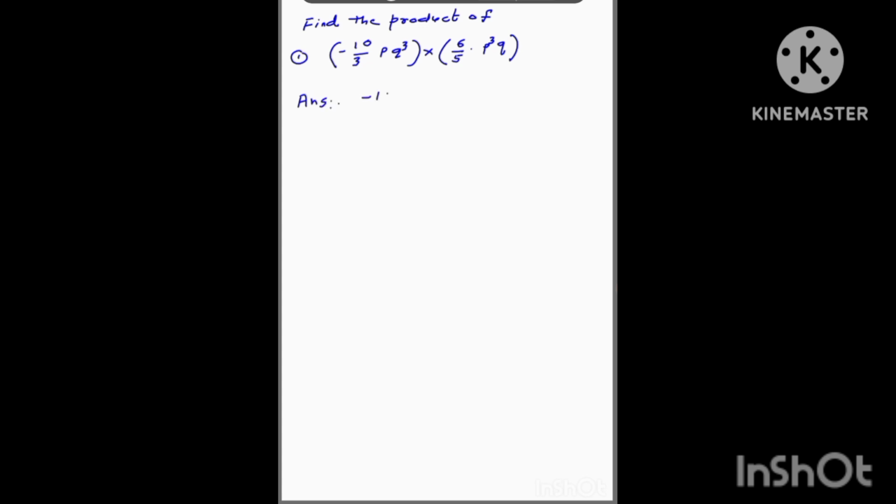This is very simple. In the answer I am actually multiplying the brackets: minus 10 upon 3 into p q cube into 6 upon 5 into p cube q. So for simplicity I have to rearrange the terms.